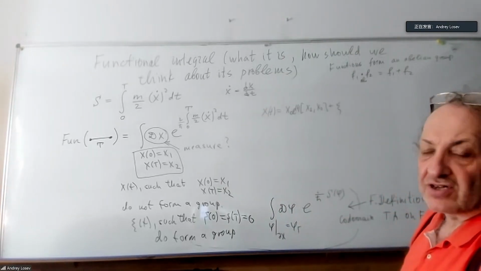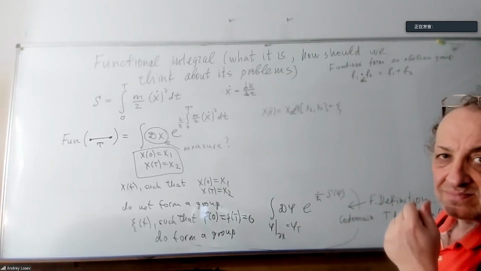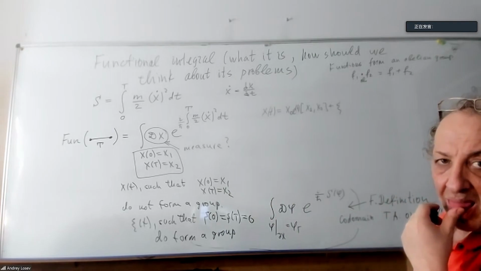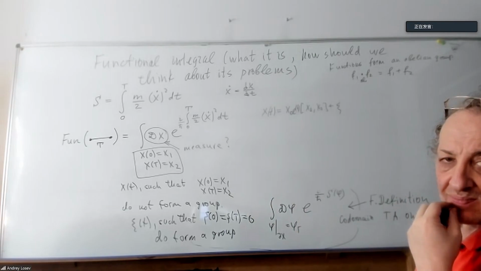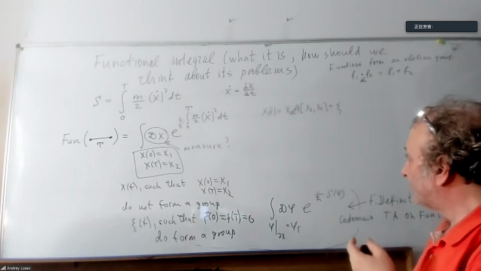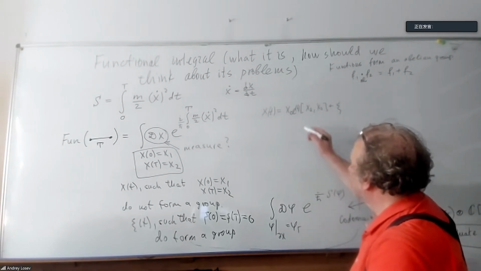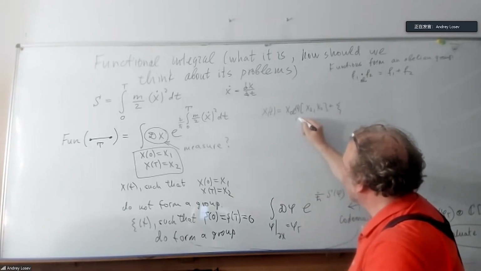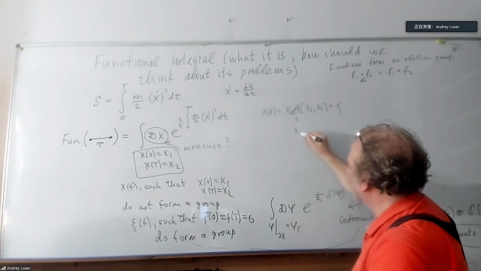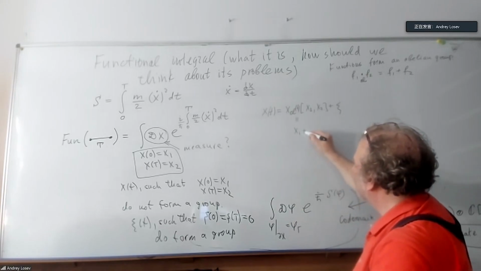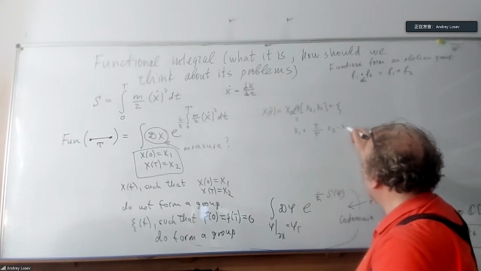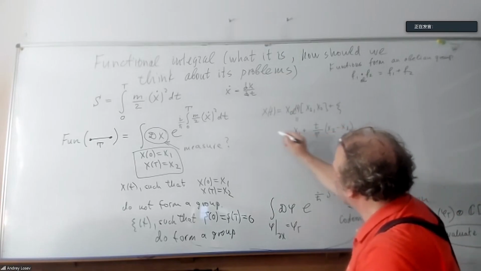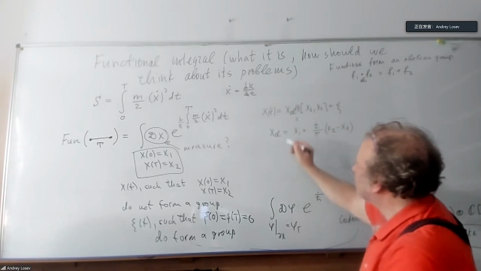This decomposition is unique. So x classical has an explicit form. It is x1 plus t over T times x2 minus x1. Okay?